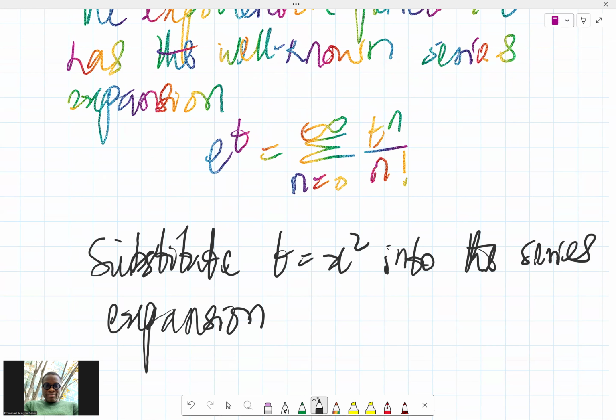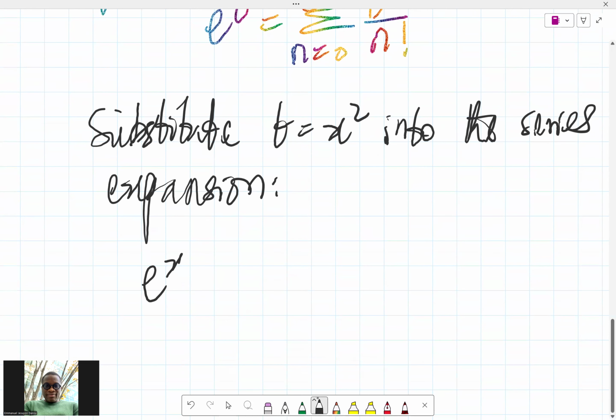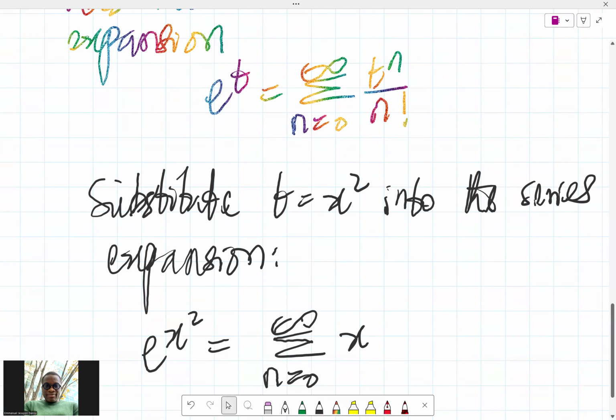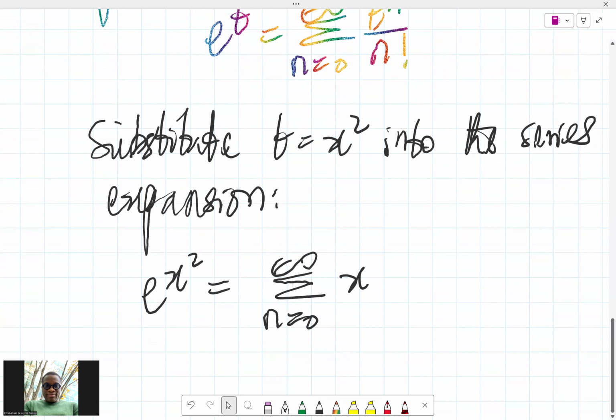That means we have e raised to power x squared equals summation from n equals 0 to infinity of, instead of t raised to power n, we now have x raised to power 2n, since this is now our t, all over n factorial.